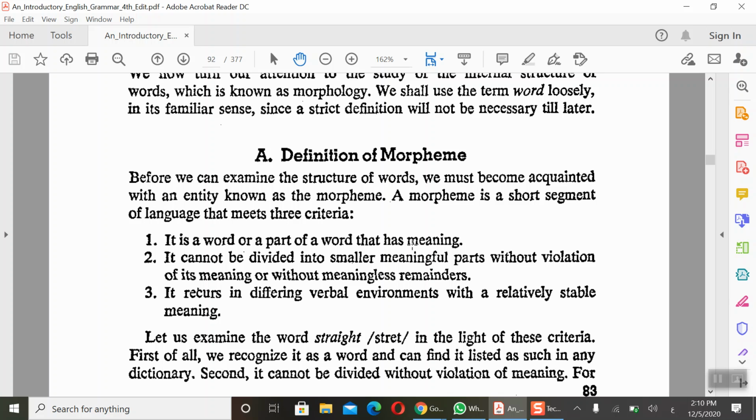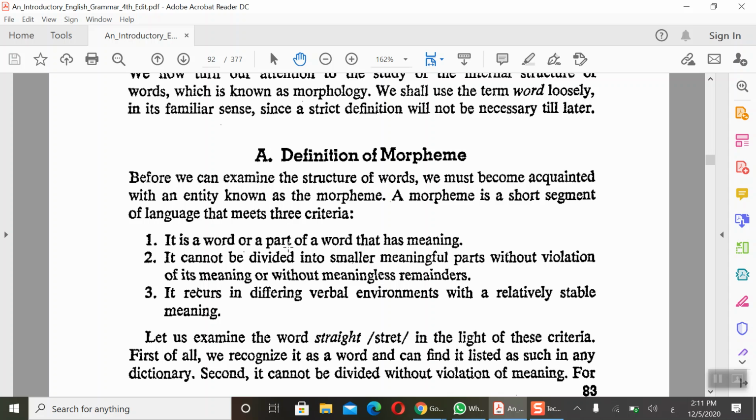So a morpheme is meaningful, whether a word or part of a word.